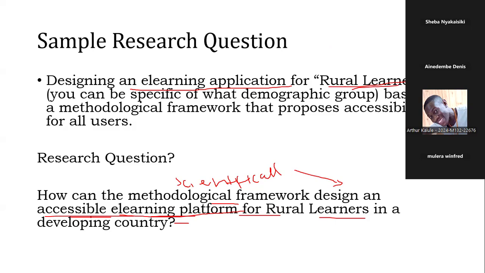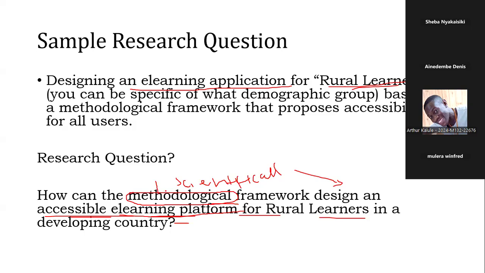What device will be the lightest, given a rural network with all its intricacies, its poor connections, and the rain comes and so on and so forth. So, in other words, what method can I use that can help me design the most accessible platform for rural learners?